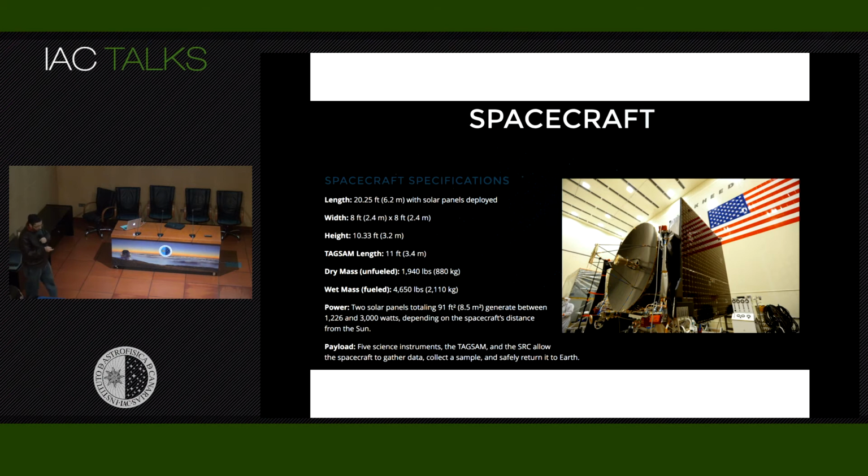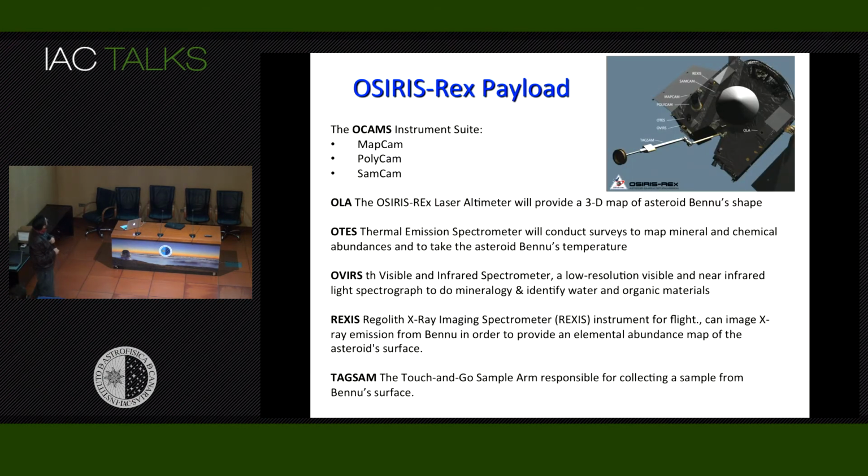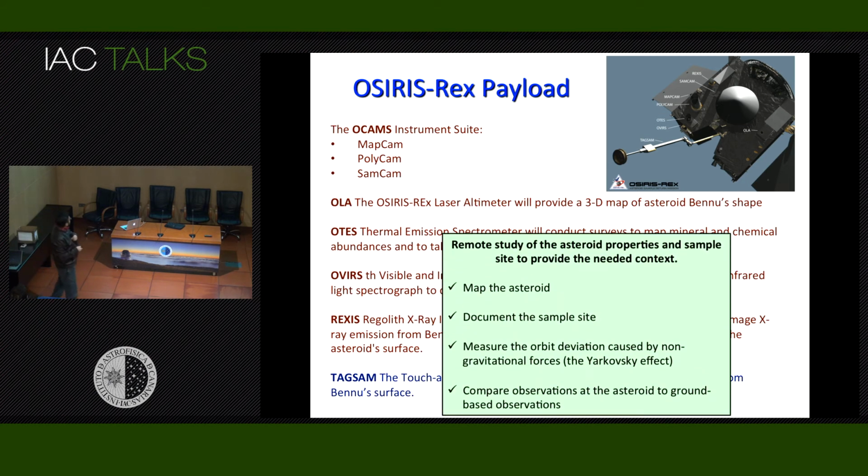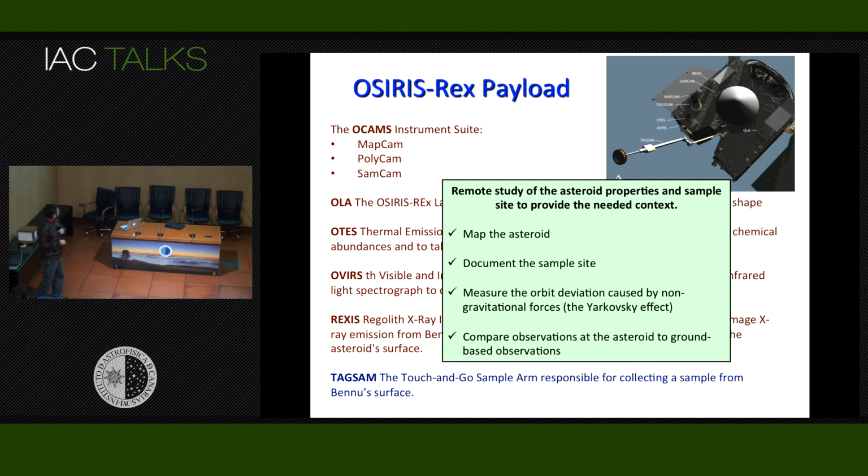The payload is composed of these instruments, 5 to make remote observations and 1 to take the sample. We have visible cameras, a laser altimeter, a thermal emission spectrometer, a visible and infrared spectrometer, and this experiment to study the regolith. Those 5 are for remote observations, to attain the objectives of the mission.